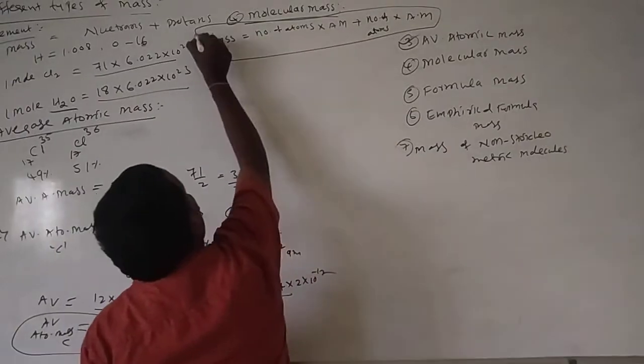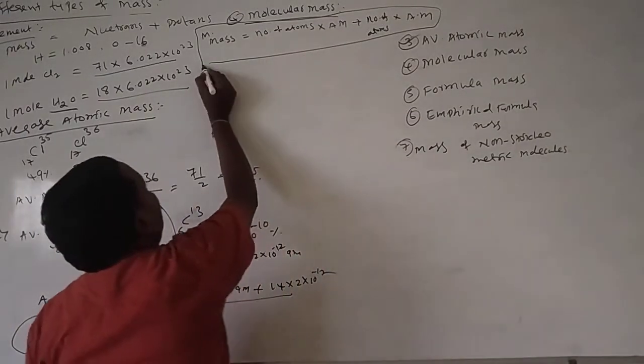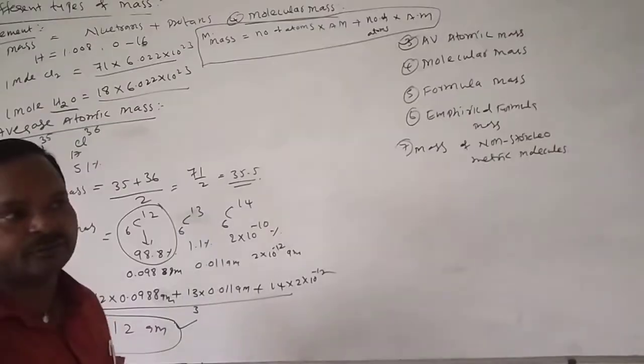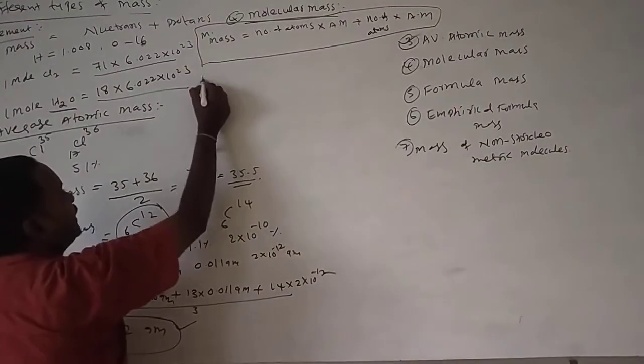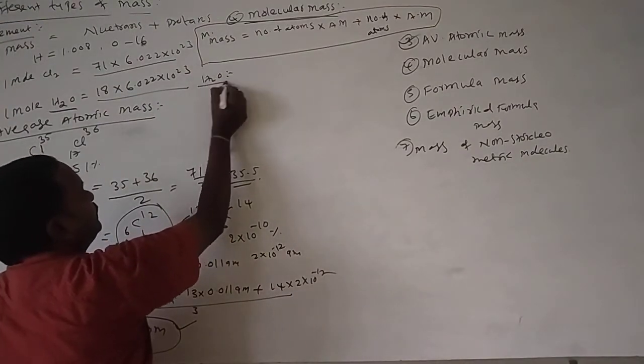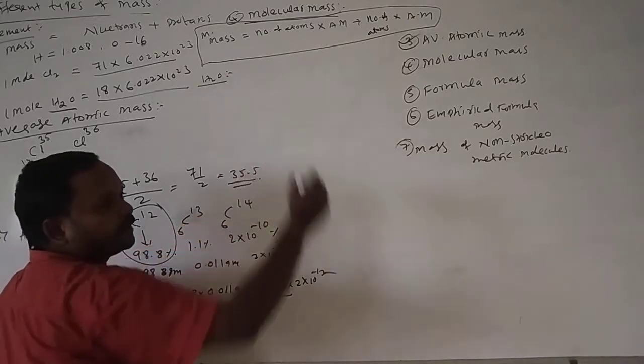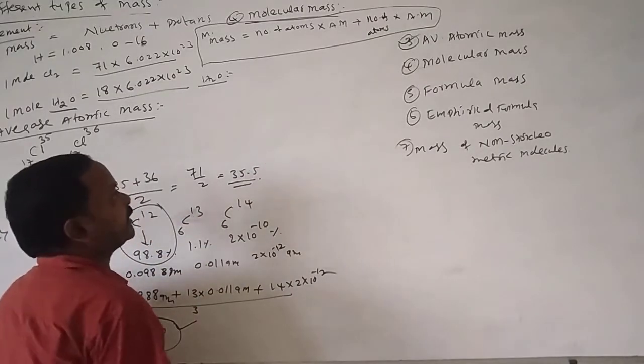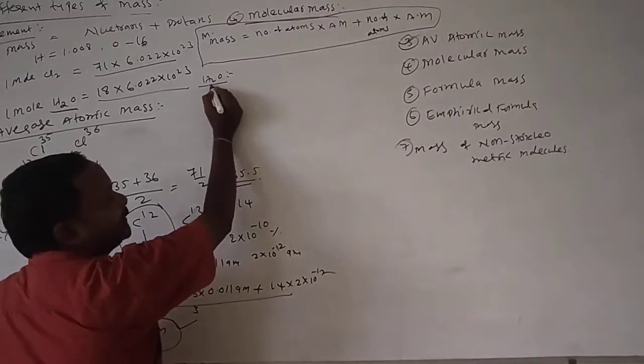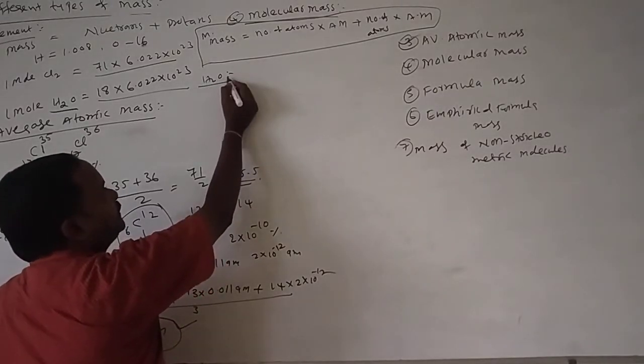Already we discussed so many molecular masses of molecules, and here I am taking 2 or 3 examples. Molecular mass of water: how to calculate it? It contains 2 hydrogen atoms and 1 oxygen atom.